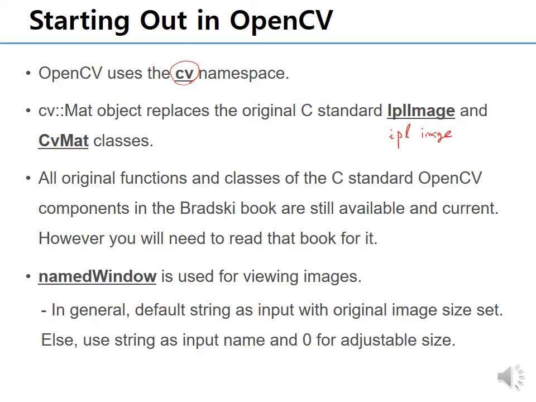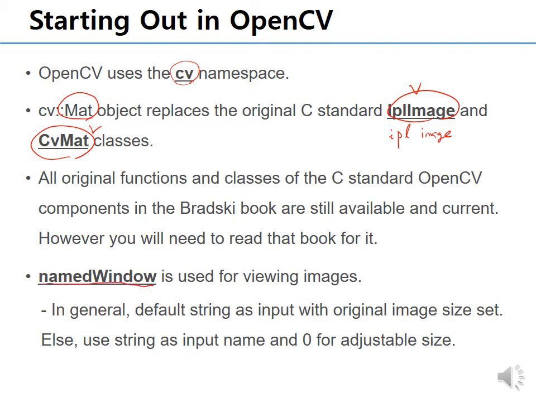And CvMat, these two are used in old version OpenCV. So Mat replaces these two old version classes, and all original functions and classes of the C standard OpenCV component in the Bradski book are still available and current. However, you will need to read that book for it.